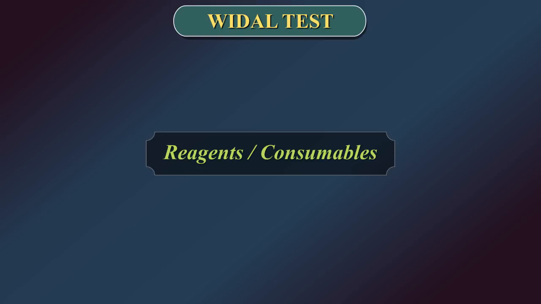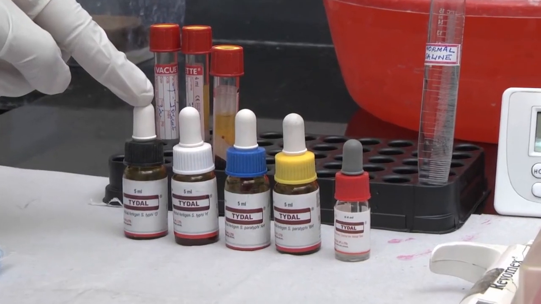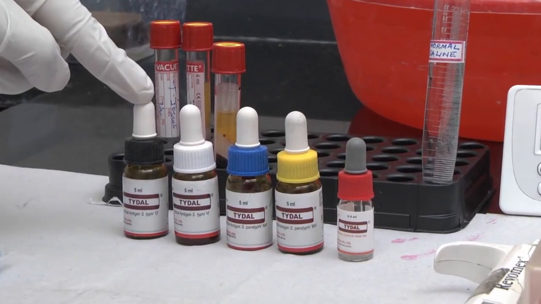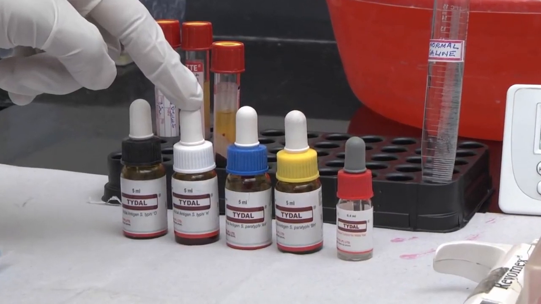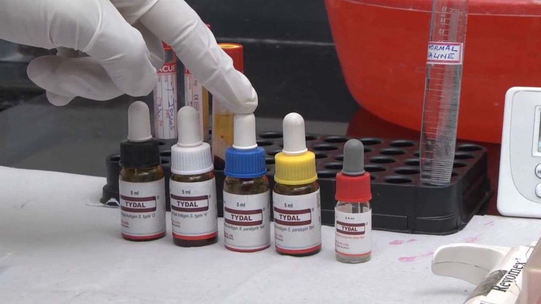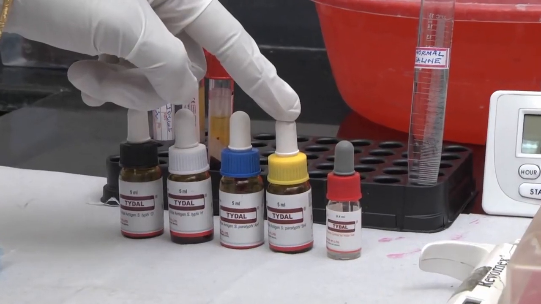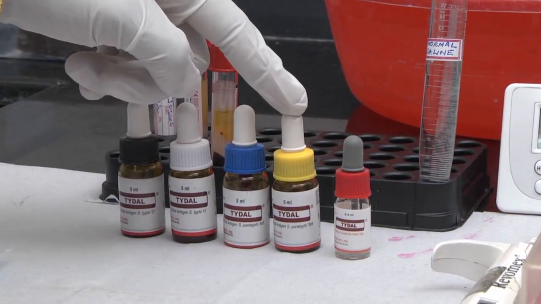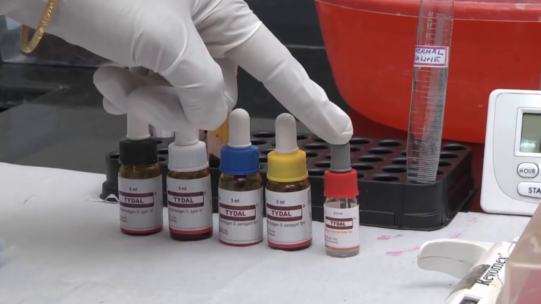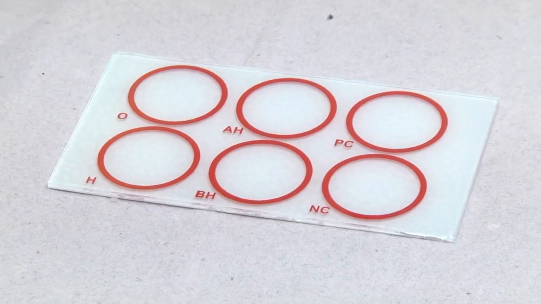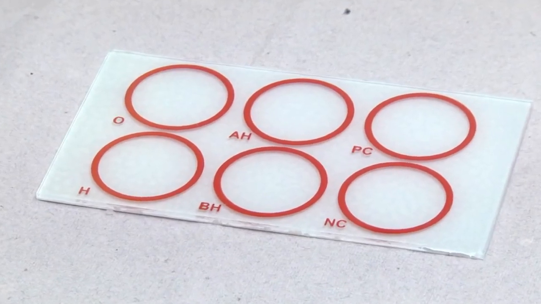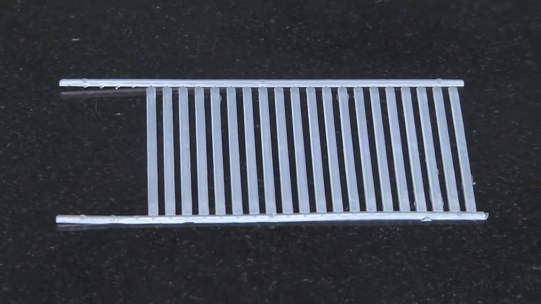Reagents and consumables. Salmonella typhi O antigen suspension. Salmonella typhi H antigen suspension. Salmonella paratyphi AH antigen suspension. Salmonella paratyphi BH antigen suspension. Polyspecific positive control. Glass slide with 6 reaction circles. Applicator sticks.